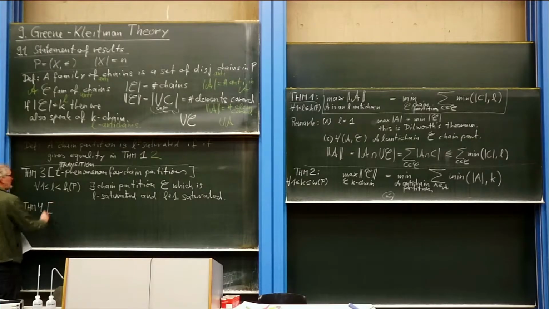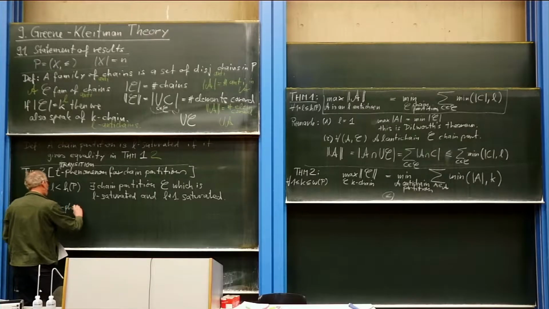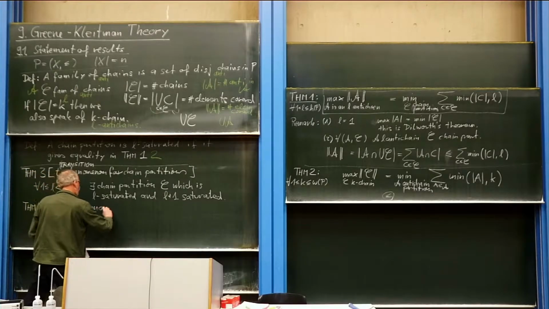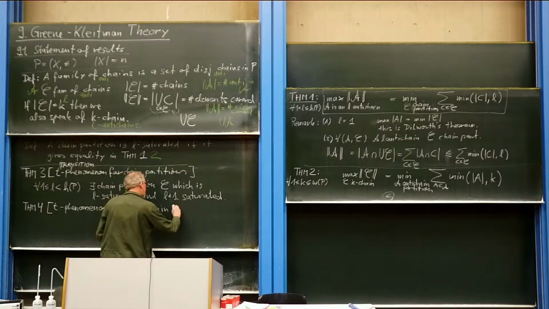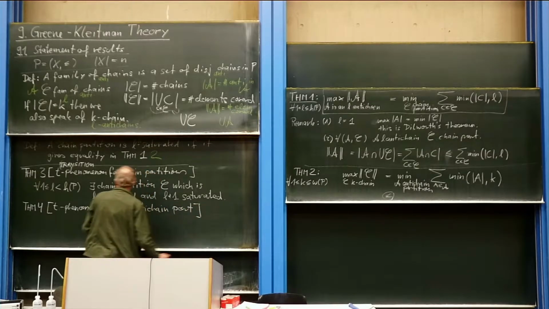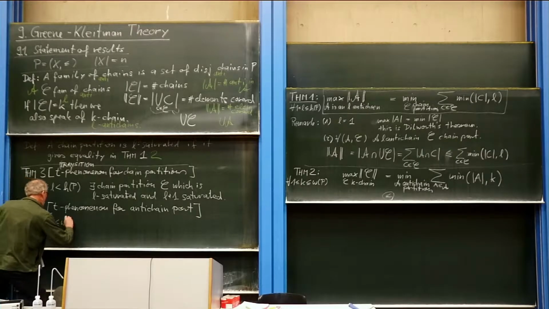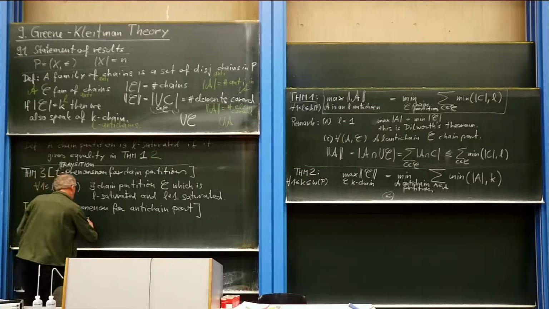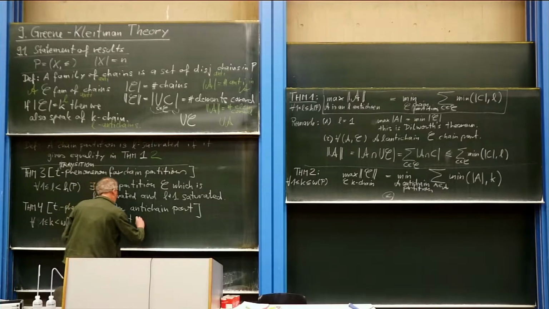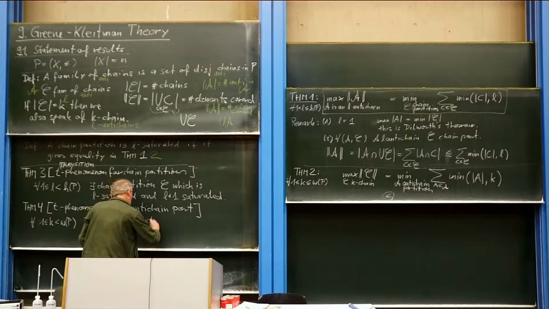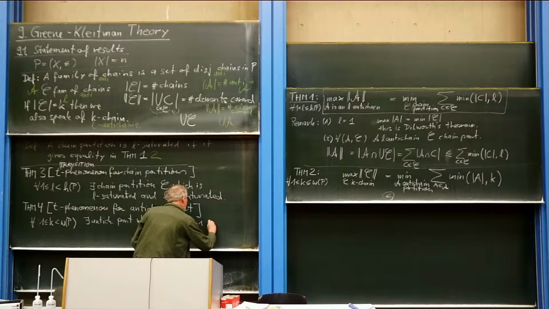And again, theorem 4 is just the dual one, the transition phenomenon for antichain partitions, and the statement is: for 1 less or equal K less than the width of P, there exists an antichain partition which is K and K plus 1 saturated.